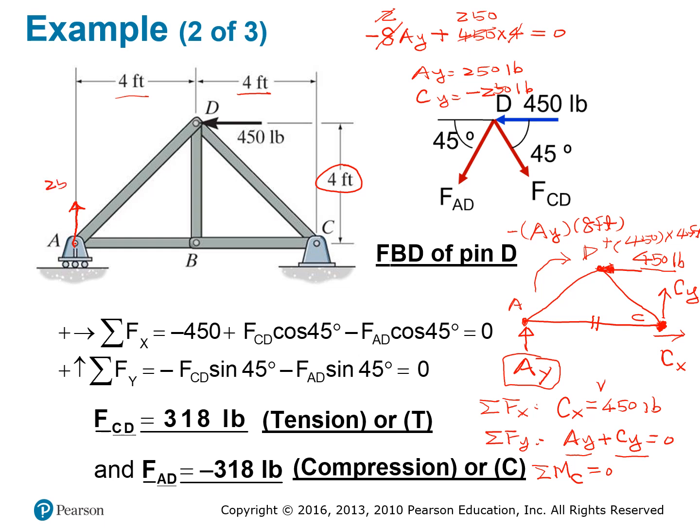This one is the AY, 250. And you have Cx, which is 450. And your Cy is going down, and that's 250.